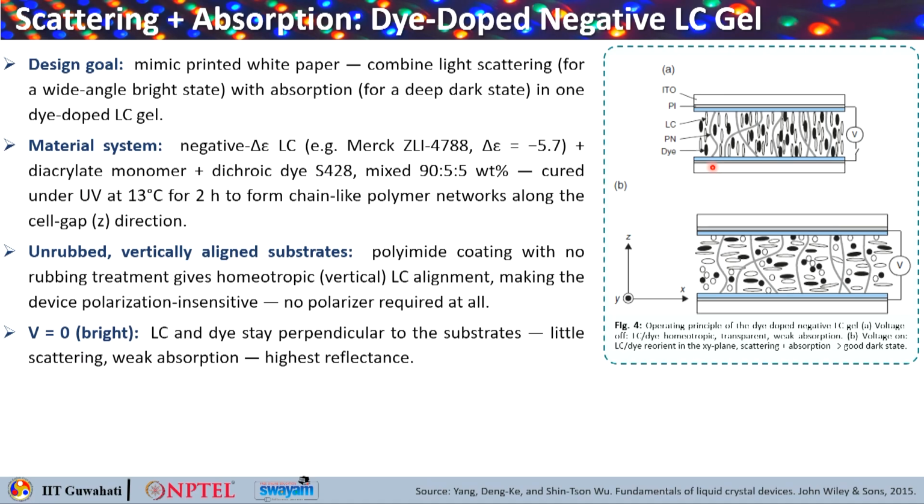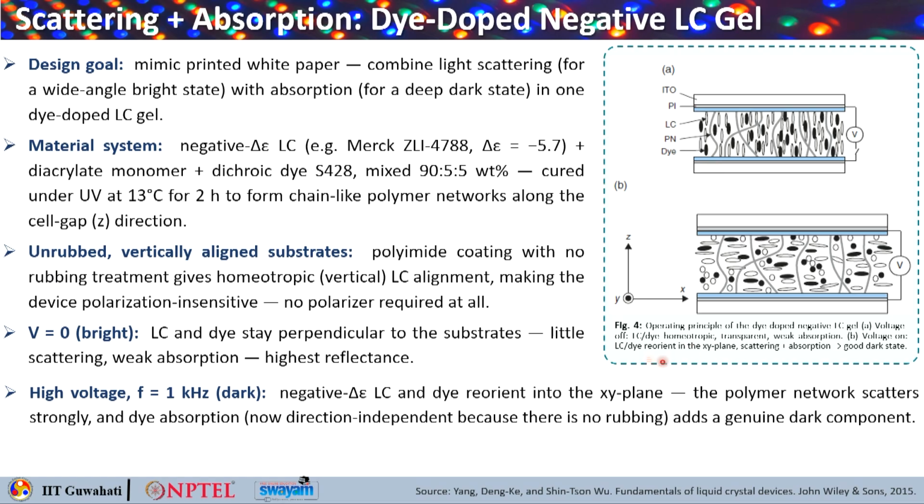Now you see, on application of high voltage, that is where you get the dark state. You can consider the voltage to be driven at 1 kilohertz AC, which is done to avoid ionic effects in the liquid crystal. Because the liquid crystal has negative dielectric anisotropy, the applied field reorients the director away from the field direction into the XY plane.